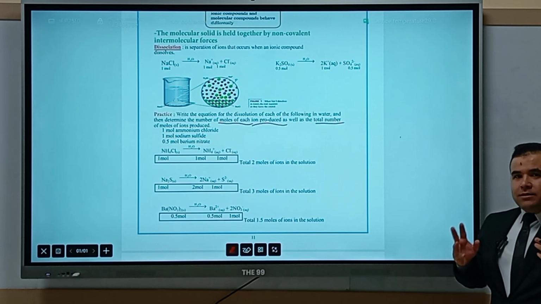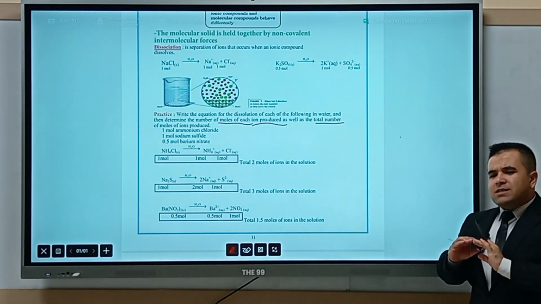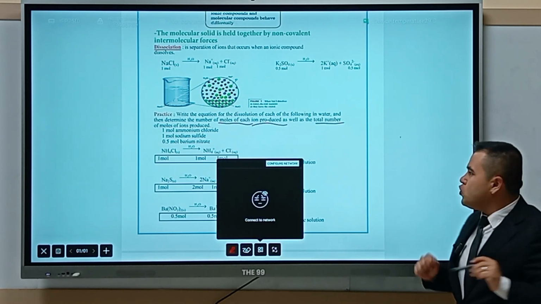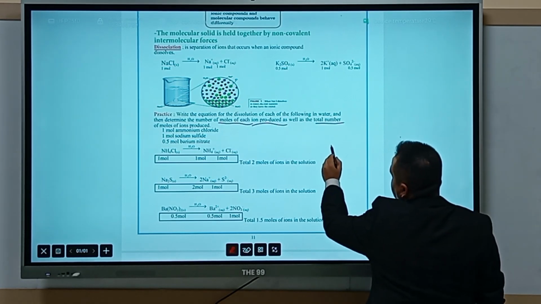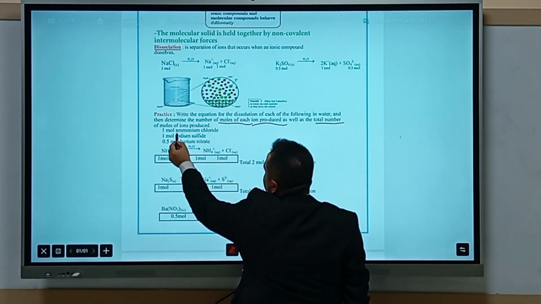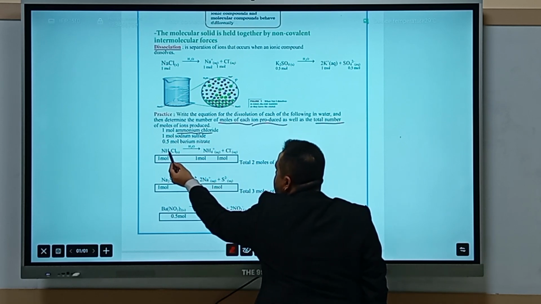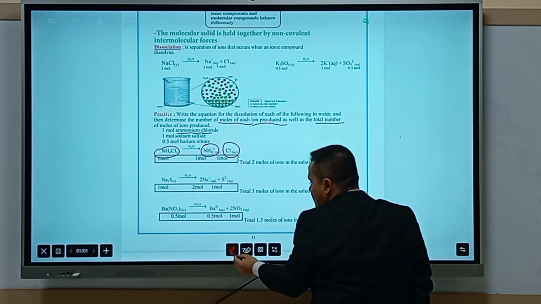Guys, in order to solve these types of questions, the first step is to write the dissociation equation for those salts. So let us write the dissociation equation. Here we have ammonium chloride, which is NH4Cl. NH4Cl dissociates to ammonium and Cl.